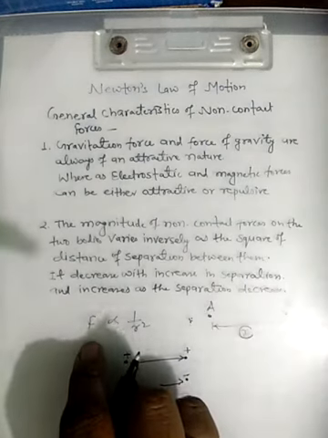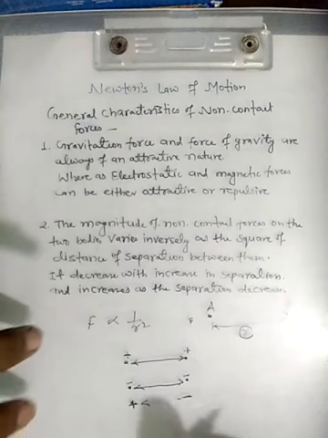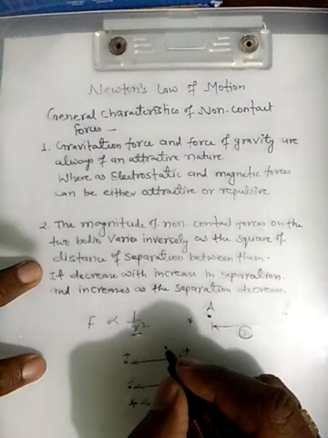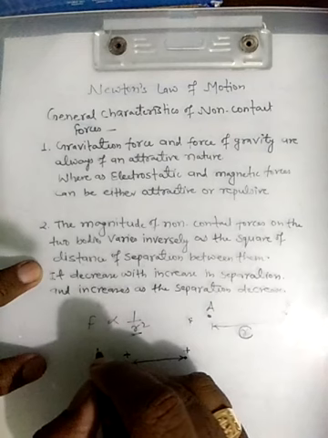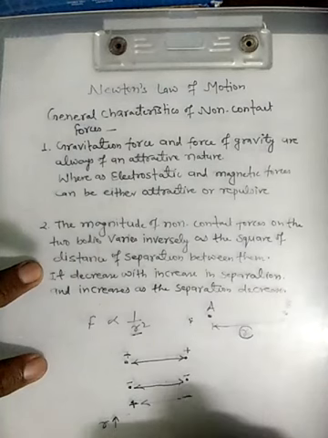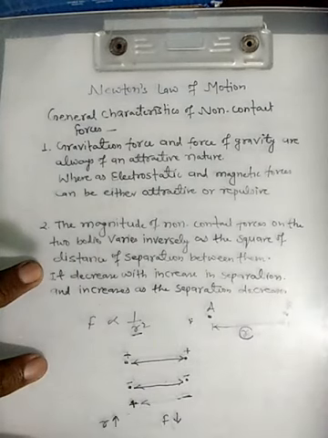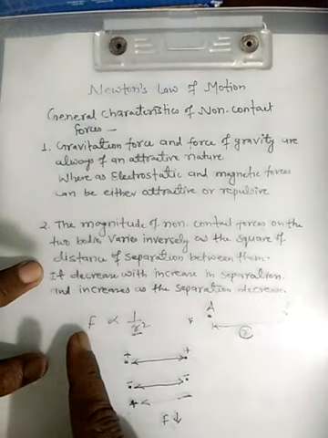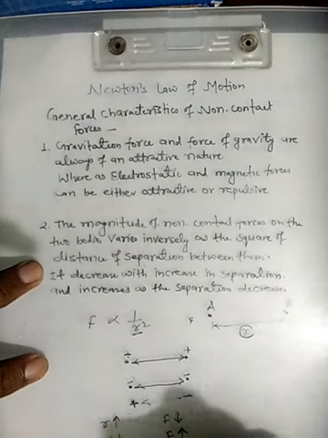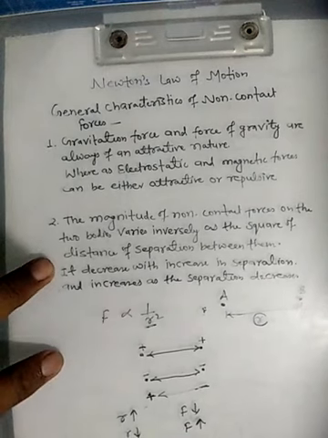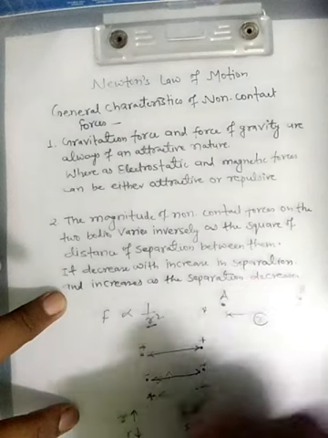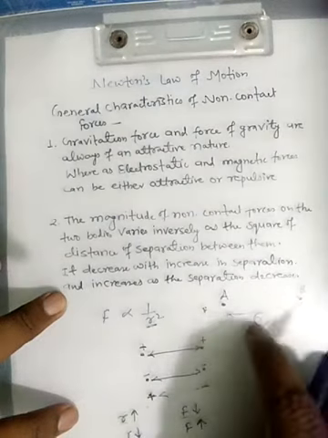F is directly proportional to 1 by r square. With the help of this relation, we can understand that as r increases, F decreases, and as r decreases, F increases. This is the relation between the distance of separation between two objects and the force acting between them.